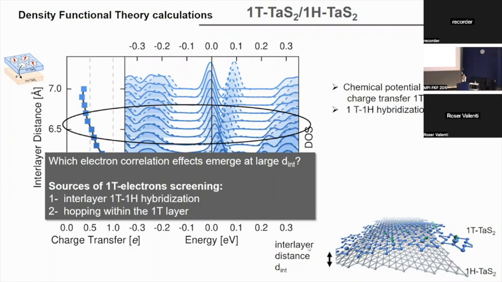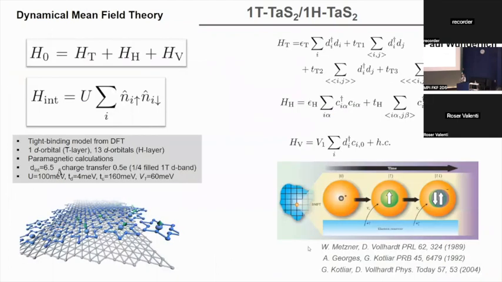We are going to do that by including dynamical correlations à la DMFT. And it's very nice that Walter is our chair today, because this was in fact pioneering work in the development of dynamical mean field theory. So now what we want to do is to understand the origin of the screening in the system by considering a model that we extract from these DFT calculations.